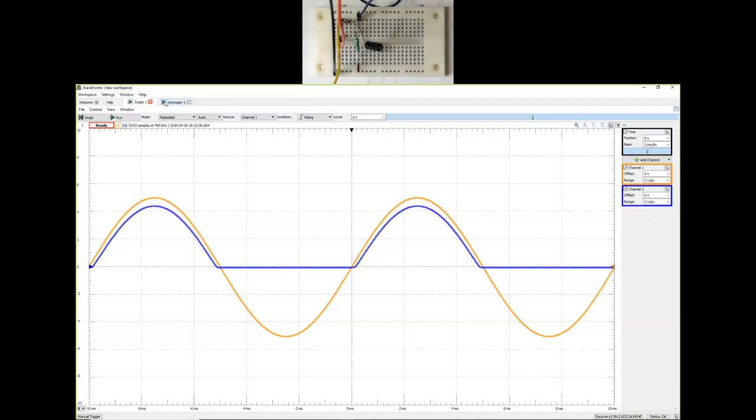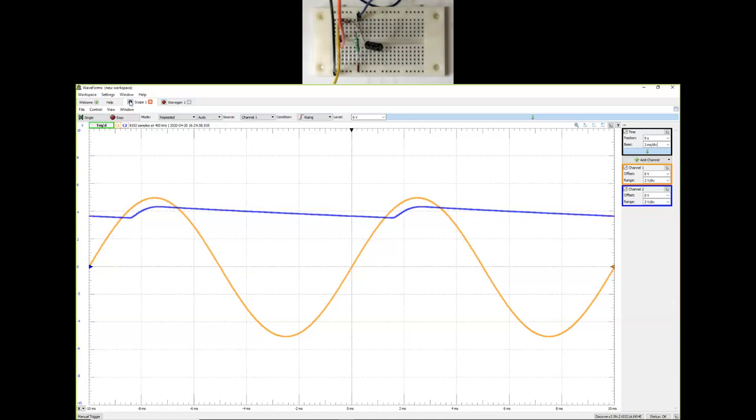So all I need to do is start wavegen again, start scope again, and the moment I do that, you can see that there is a smoothing effect. So basically it charges up to where it reaches the peak, and once it reaches the peak and the input signal is going down, the capacitor C2 is going to discharge, but it's going to discharge slowly, depending on the time constant established by R2 and C2.